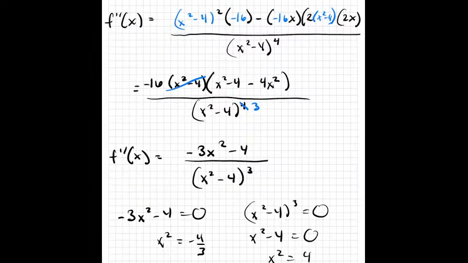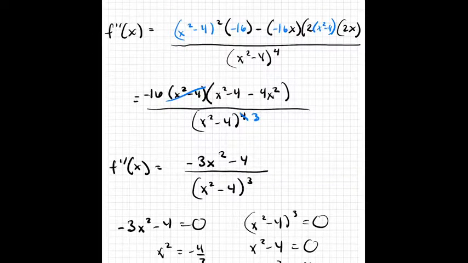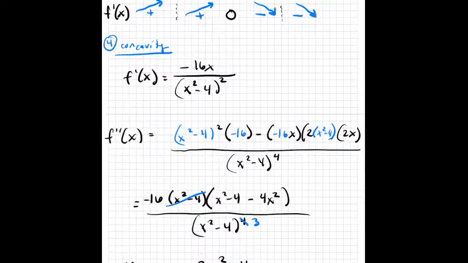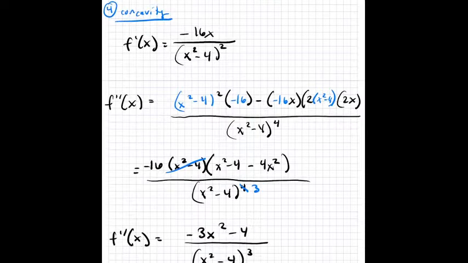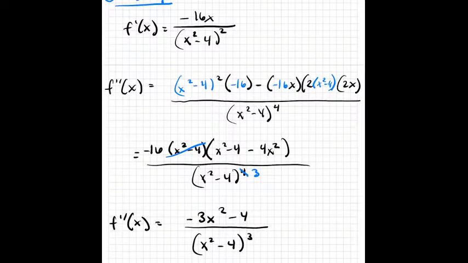Let me look at it. Let me go back. Okay, so there's our first derivative, right? So the bottom times the derivative of the top minus the top times the derivative of the bottom, over the bottom squared. That looks good. So now we factored out an x squared minus 4 and a negative 16 from the two terms on top.